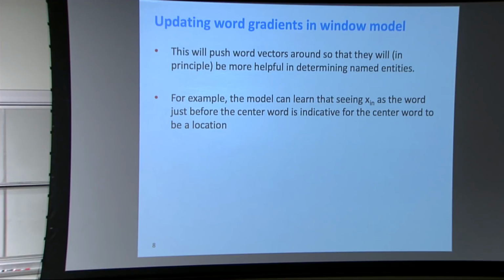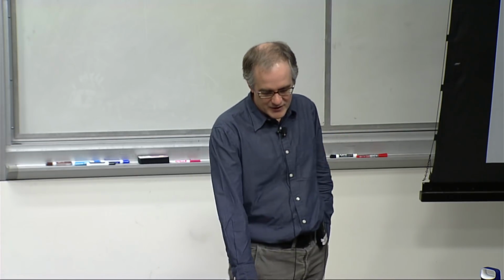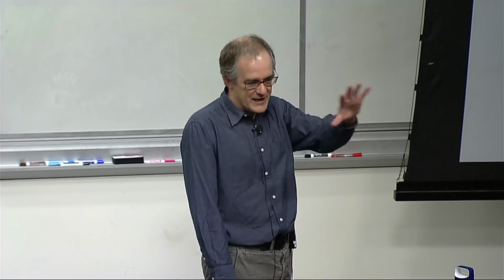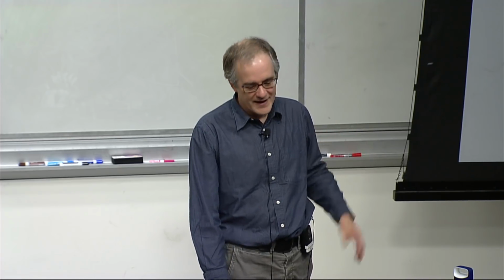For example, it might learn that the word "in" is a very good indicator of a place name following. After "in", you often get London, Paris, etc. So it has a special behavior that other prepositions don't, as a good location indicator. And so it could move its location around and say, here are words that are good location indicators, and therefore help our classifier work even better.